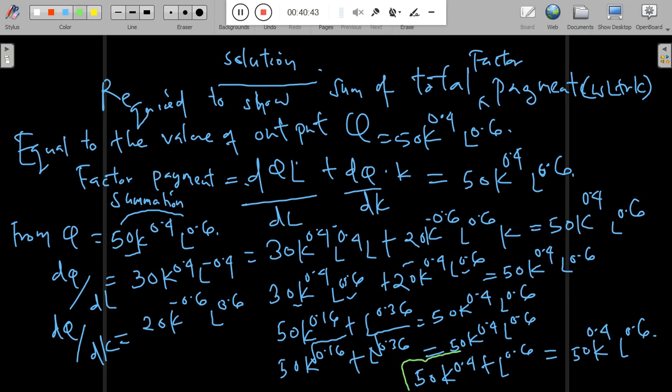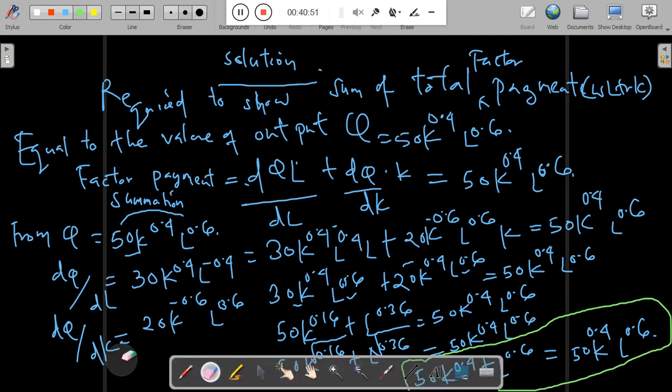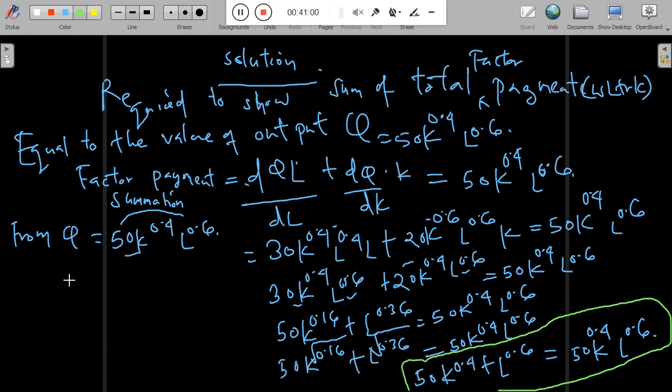So that will be the answer to part B. That is how we do it for the Cobb-Douglas. So the answer is 50K raised to the power of 0.4 times L raised to the power of 0.6.